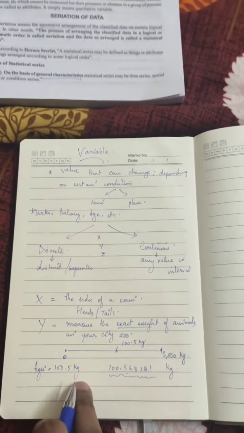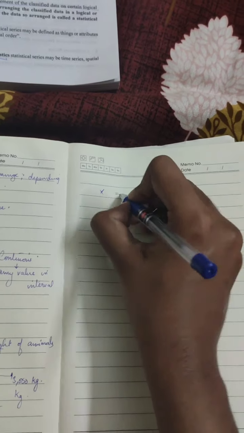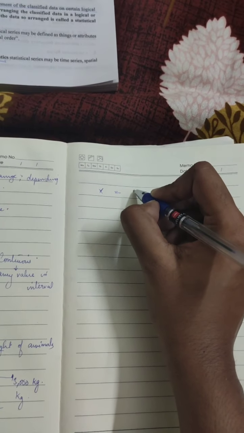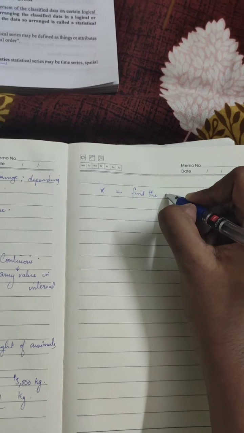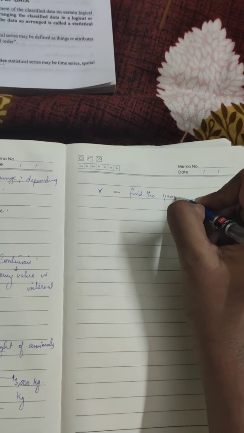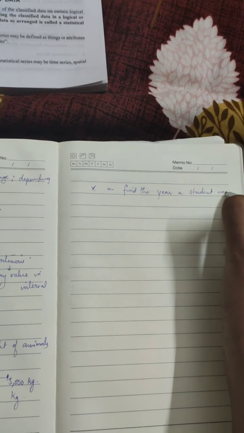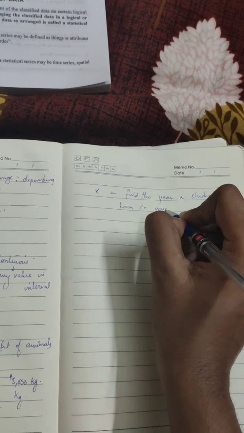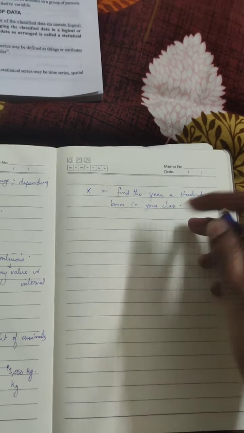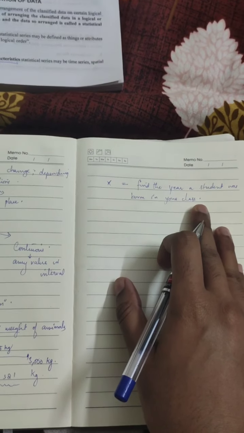All right, I'll give you another example. X is equal to, find the year a student was born in your class. Is this a continuous variable or a discrete variable?